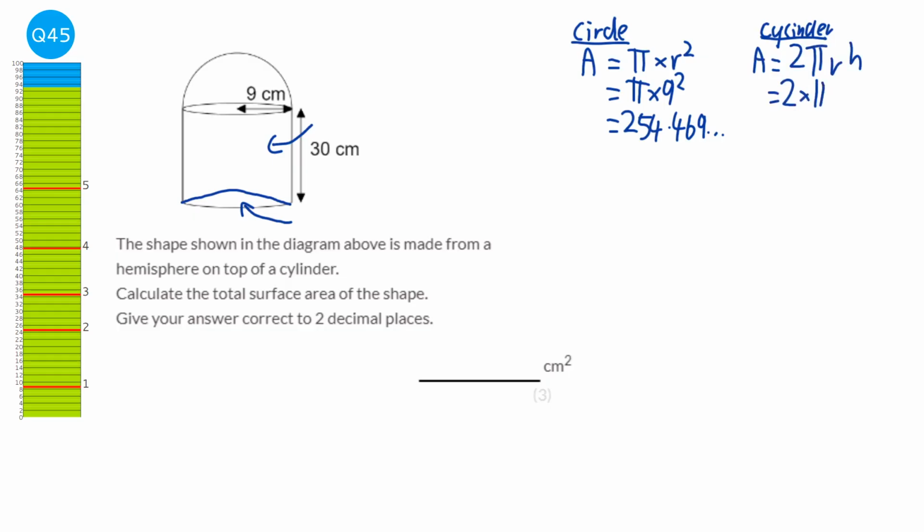So 2 times pi times the radius, which is 9, times the height, which is 30. And that will give us 1696.460 and so on. And the last bit is this hemisphere here. And so let's do the hemisphere.